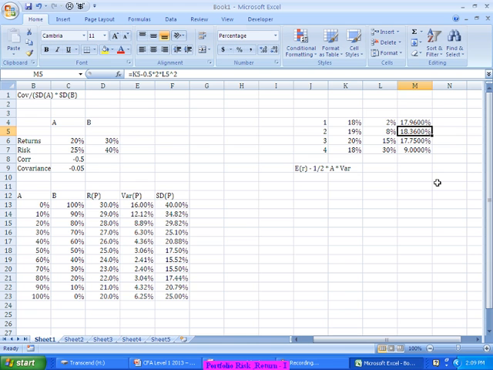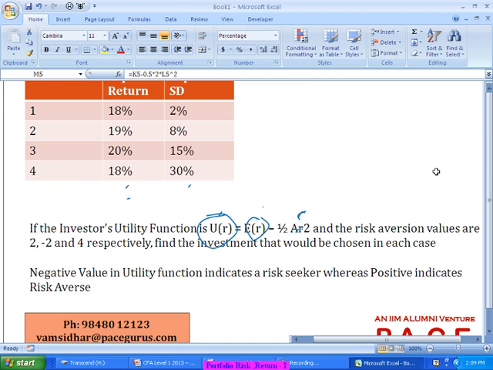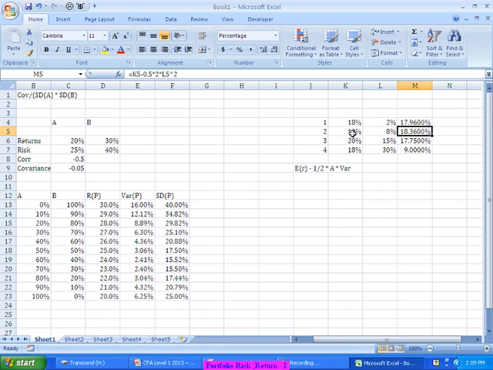He is a risk averse kind of investor, because he is ready to take a 19% return, which has a risk of 8%. He is definitely not a risk taker.